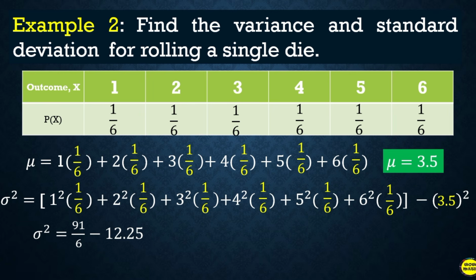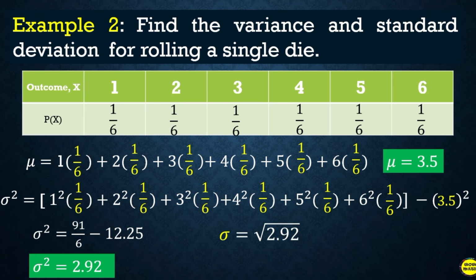And after that, so again, saan natin nakuha yung 91/6? Dito, mula dito hanggang dito. Okay? And then, minus natin sa squared ng 3.5. So, saan galing yung 3.5? Doon sa value ng mean natin. So, 91/6 minus 12.25, the answer is 2.92. So, ibig sabihin, yung variance natin dito ay 2.92.